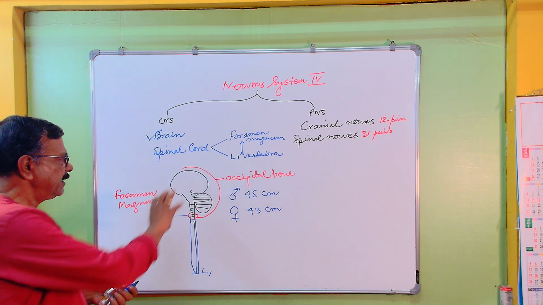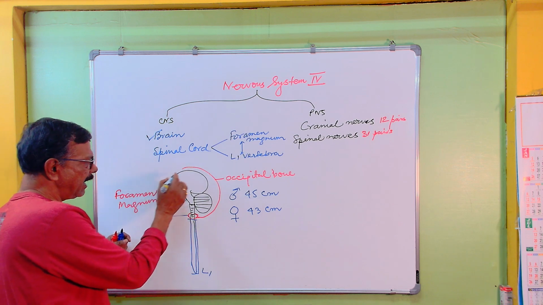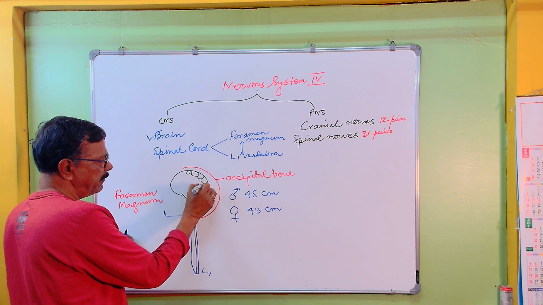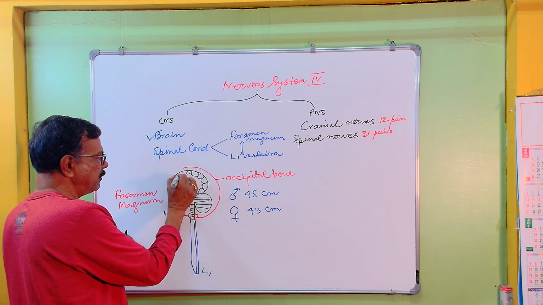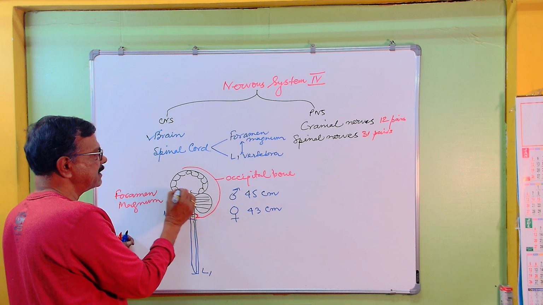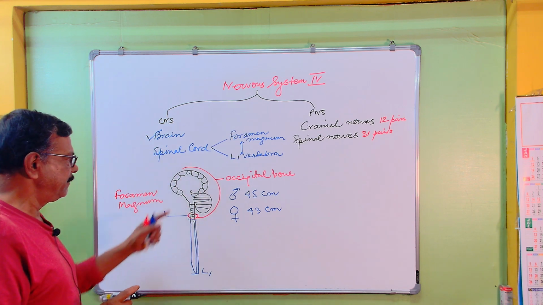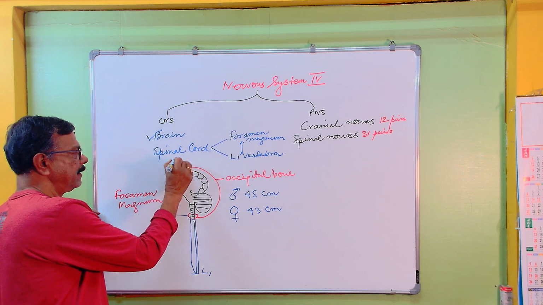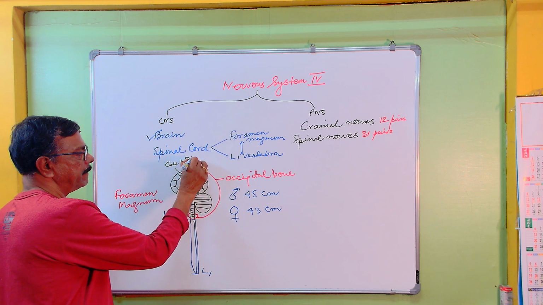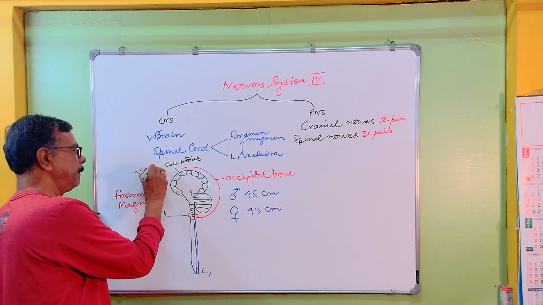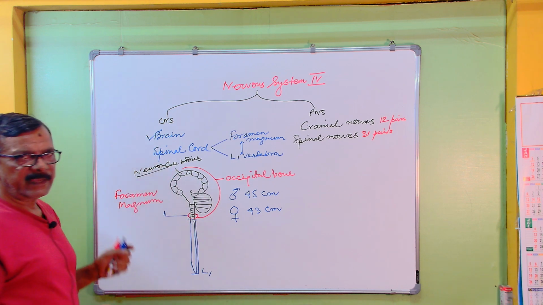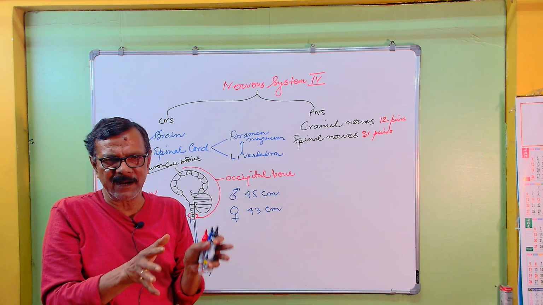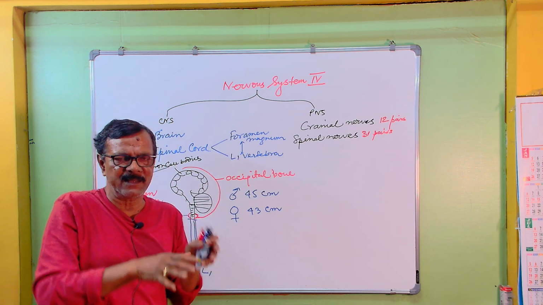Like the brain, in which we have seen that on the outside there are cell bodies, and cell bodies appear grey. So the outside appears grey and inside appears white. That is, the cell bodies of neurons are on the outside, just under the skull, where there is dura mater, pia mater, and others.